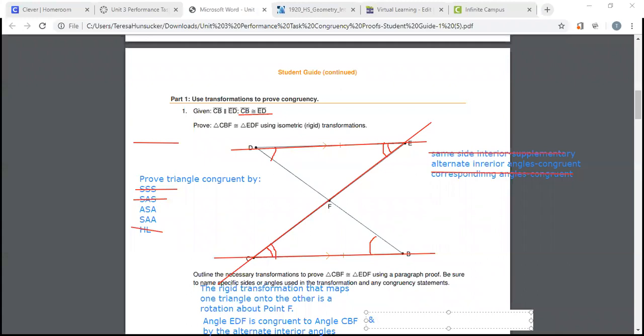So angle DEC is congruent to angle BCF. DEF, that should be DEF.